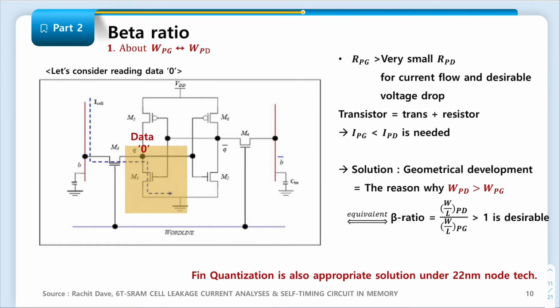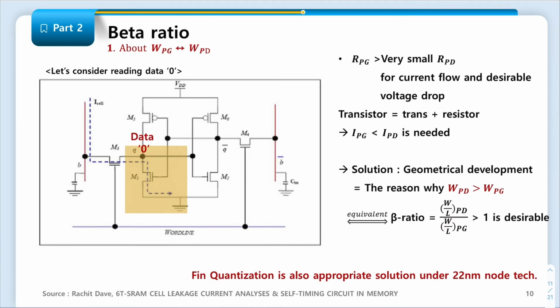If you remember, transistor is a compound word of trans and resistor, then you can notice that controlling the resistance of a MOSFET is equivalent to controlling the IV characteristic. So we can adjust the current characteristic of each transistor just by varying their width, so that we can make a high beta ratio, whose definition is the ratio of width to length of the pull down transistor and the cascade transistor.